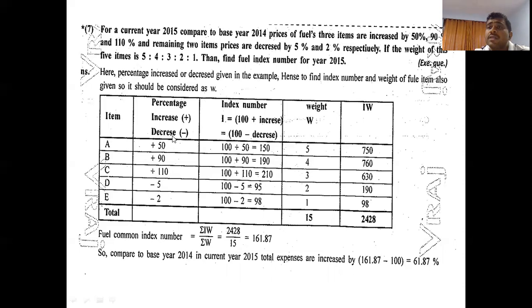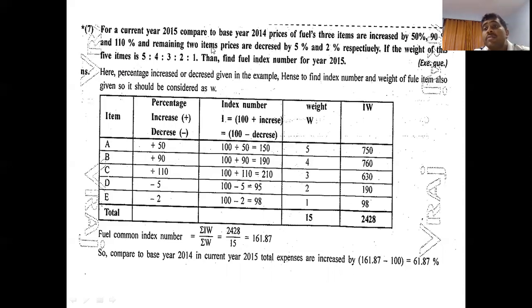If the sum says increase, we have to do addition. If the sum says decrease, we have to do reduction, right? If the sum says times, we have to do multiplication. Clear?